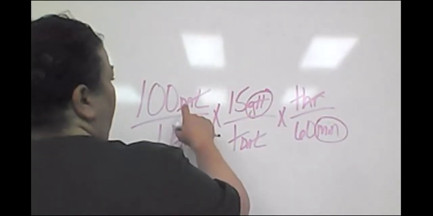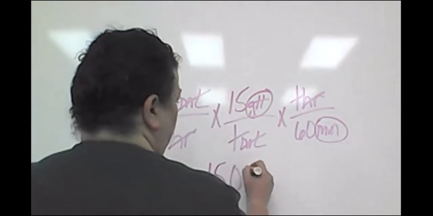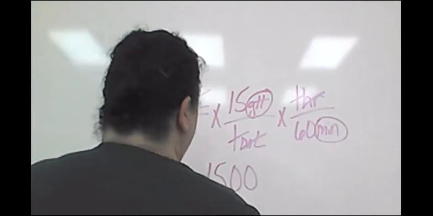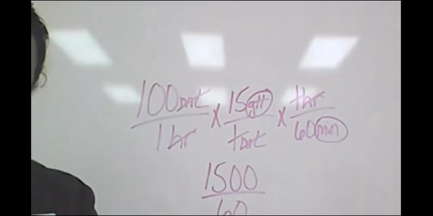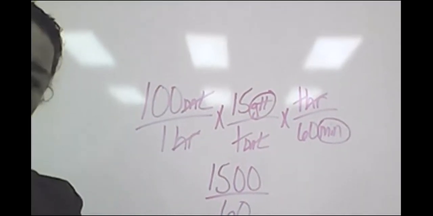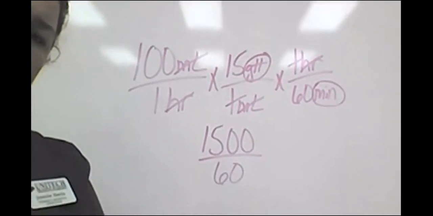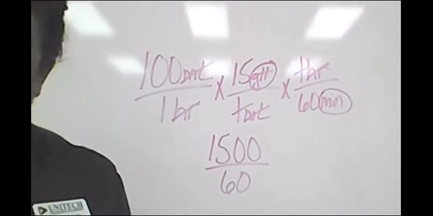Now 100 times 15 is going to be 1,500, right? 1 times 60 is 60. I apologize. Trying to avoid that glare. There we go.